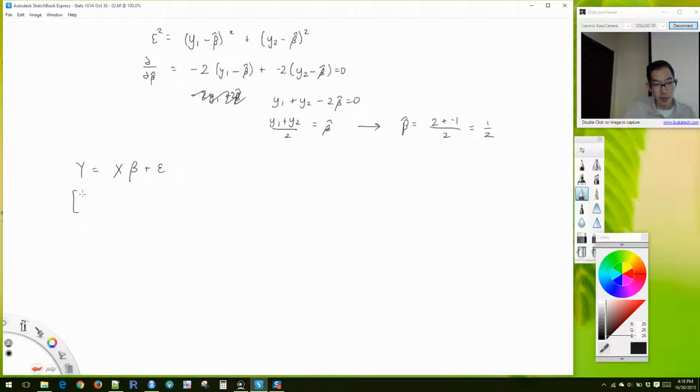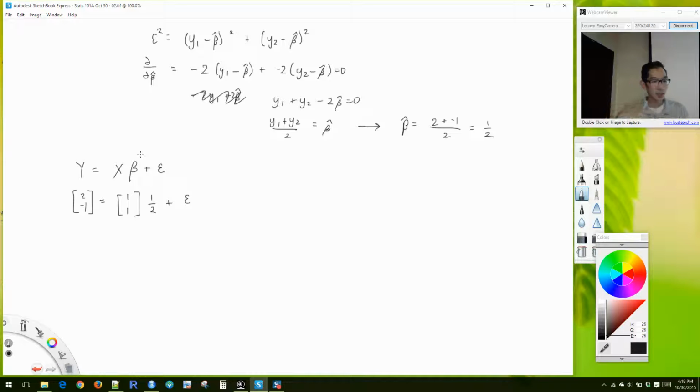So now we have 2, negative 1 equal to x, which is 1 times 1/2, plus the error, which we can solve for. This is just going to be the difference here. Okay, so this is just a very simple case where we're fitting one-dimensional data, two data points, in two-dimensional space, and we're projecting it onto our x vector here.